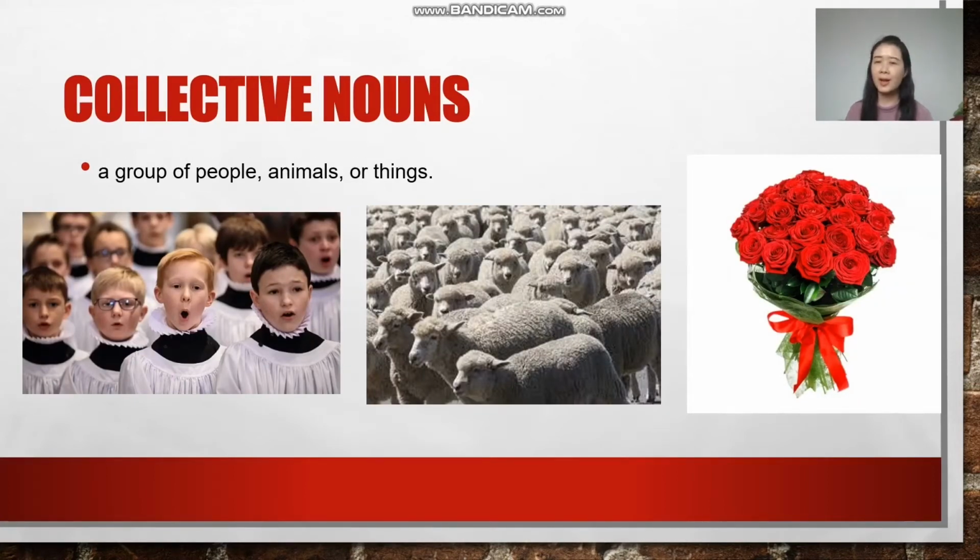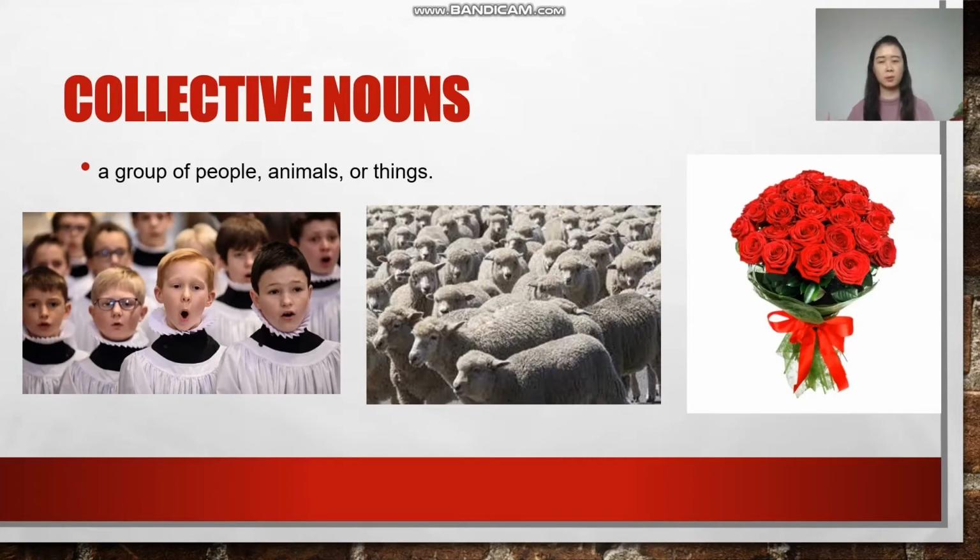That is collective nouns. You can see from its name, from the root of this word, to collect. It means that we need many things together, okay? So the definition of collective nouns is a group of people, a group of animals, or things.